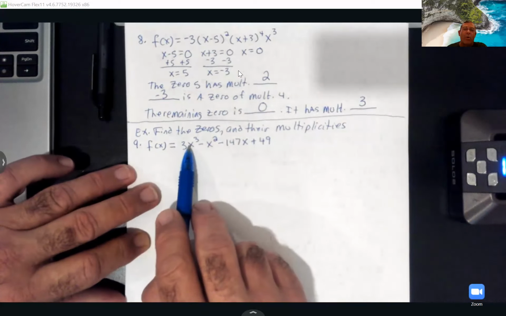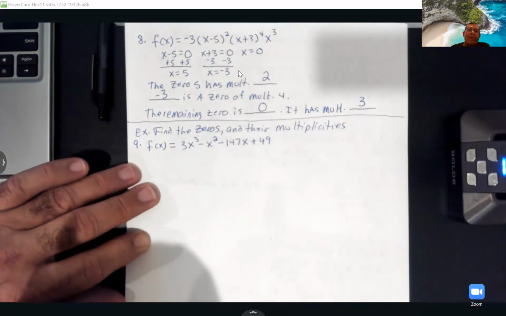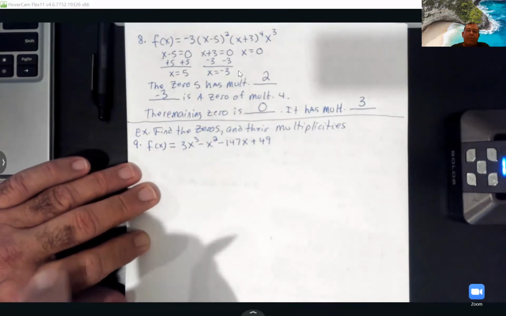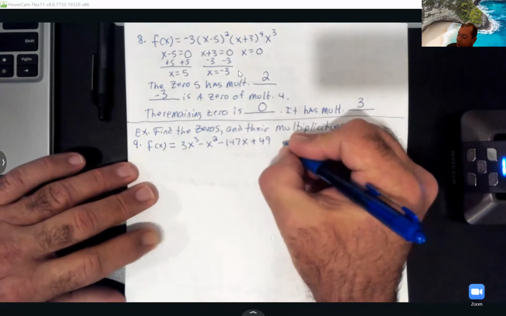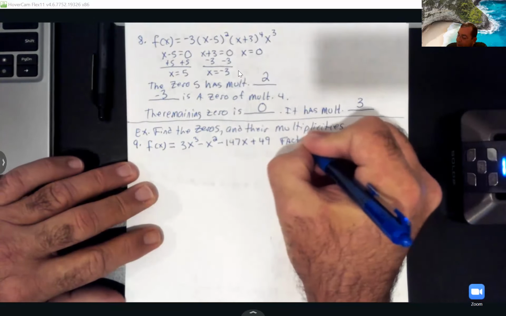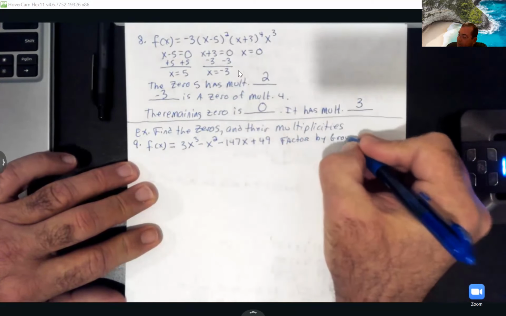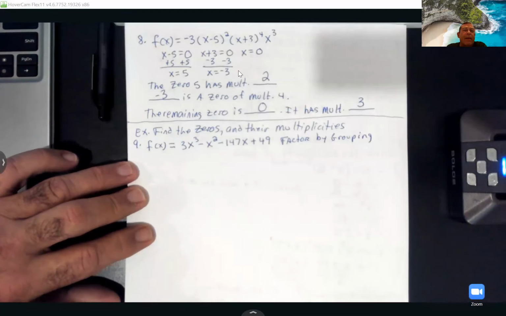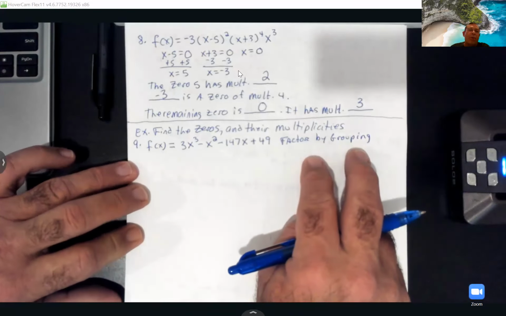So we got a 4-term polynomial, and we got to get this factored so that we can find our zeros and then figure out their multiplicities. So to factor this, I'm going to do what we call factor by grouping. Any of y'all take like foundations of algebra class or transitional algebra, you probably would have seen this.